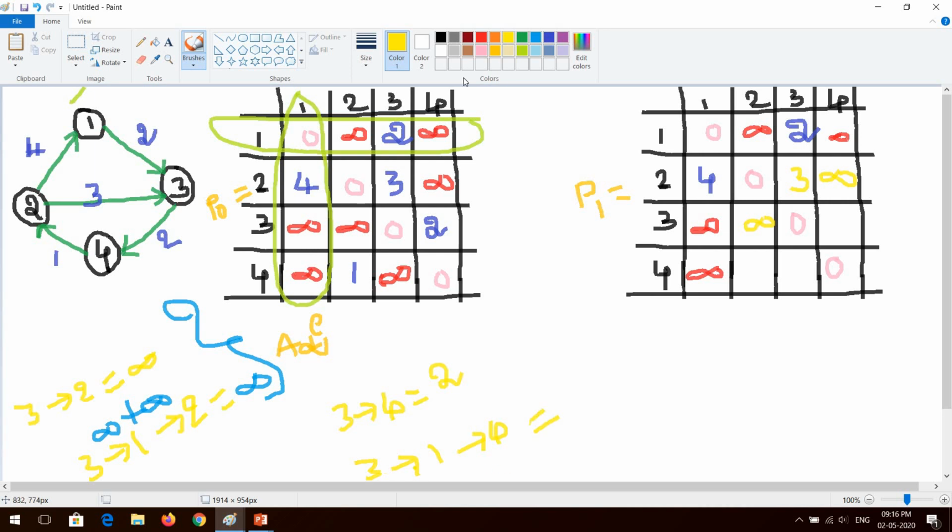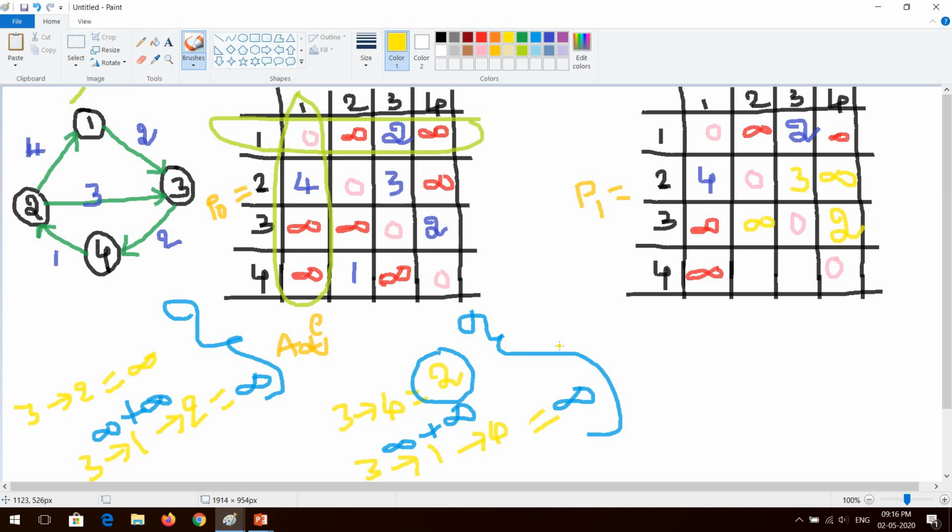What is the cost I am getting? If I move from 3 to 1, there is no direct path, so it is infinite, plus 1 to 4, there is no direct path, it is infinite. So infinite plus infinite, I got infinite. So out of these two, which is minimum? 2 is minimum, right? So I will get 2 over here.